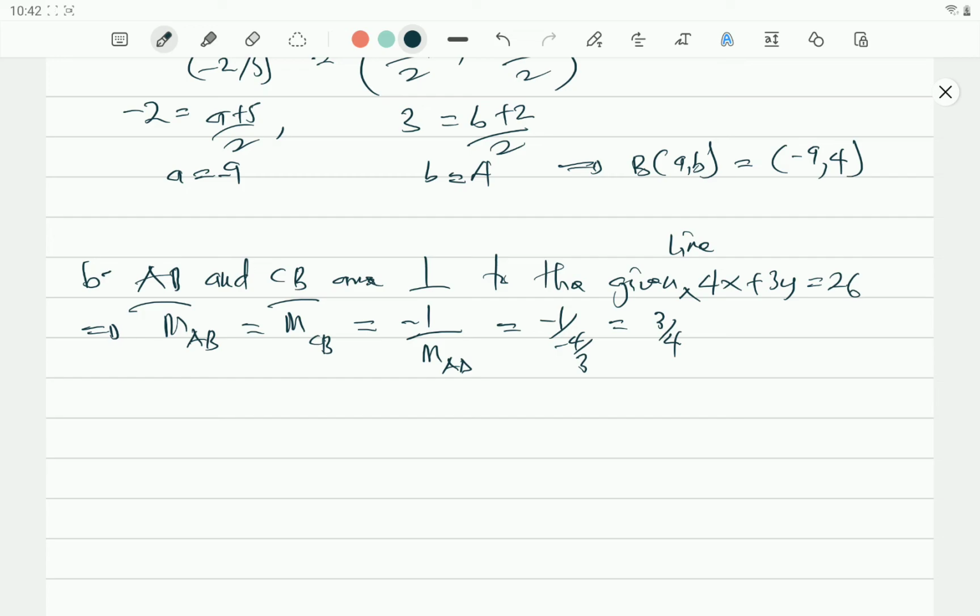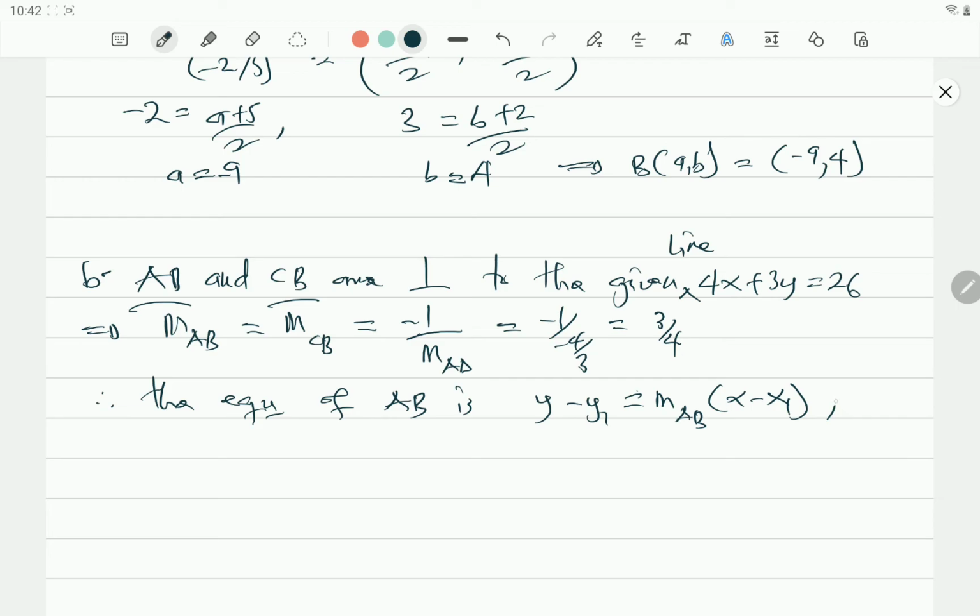So the first one, that's the equation of AB. The equation of AB is going to be y minus y1 equal to the gradient of AB times x minus x1. Remember, we can use any of the points A or B to represent x1 and y1.